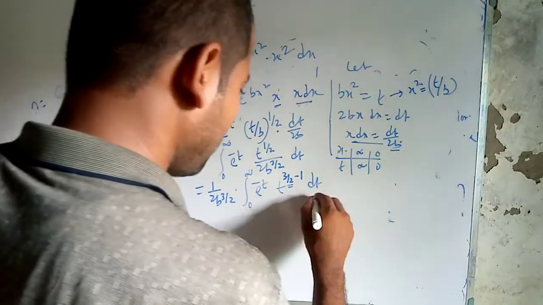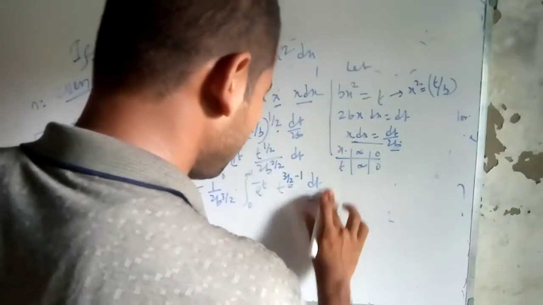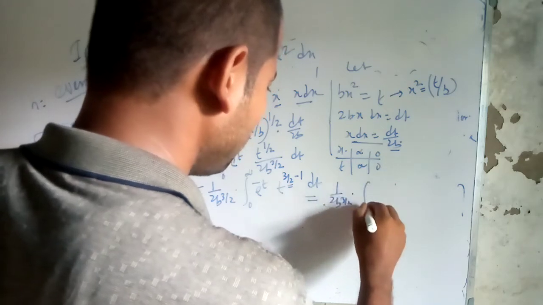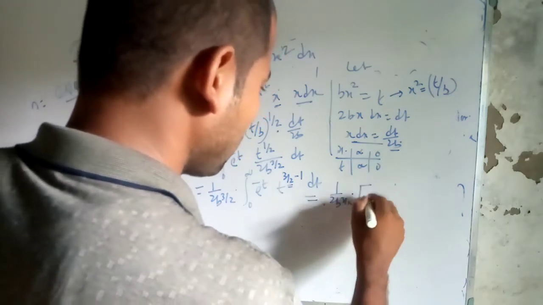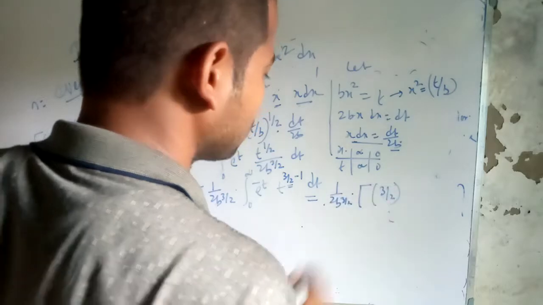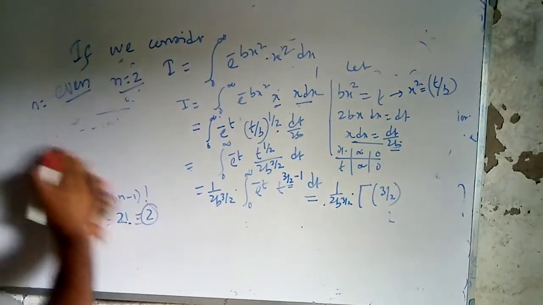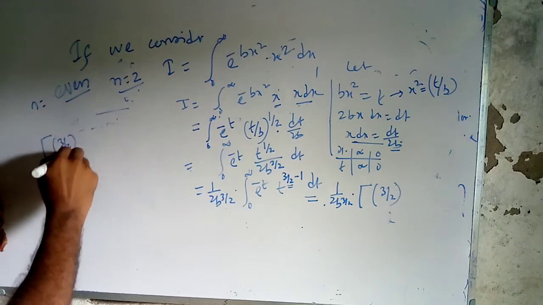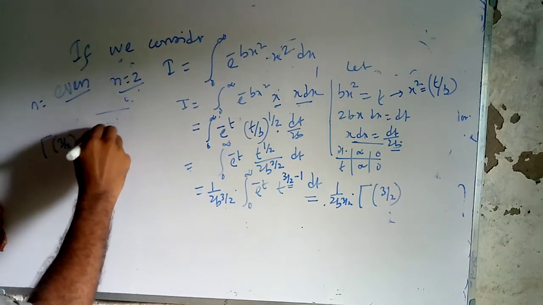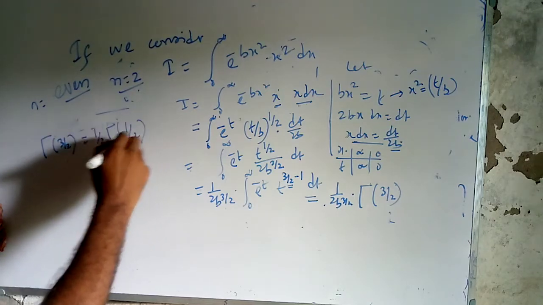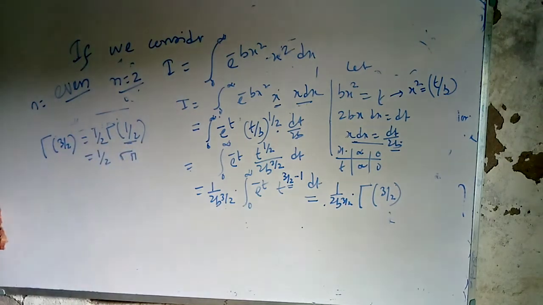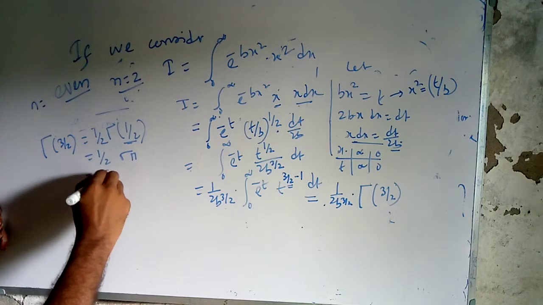We simplify this: 1 by 2b^(3/2) into the gamma function of 3 by 2. Gamma of 3 by 2 is equal to half into gamma of half, and gamma of half is equal to root pi, which was calculated before, so it is root pi by 2.